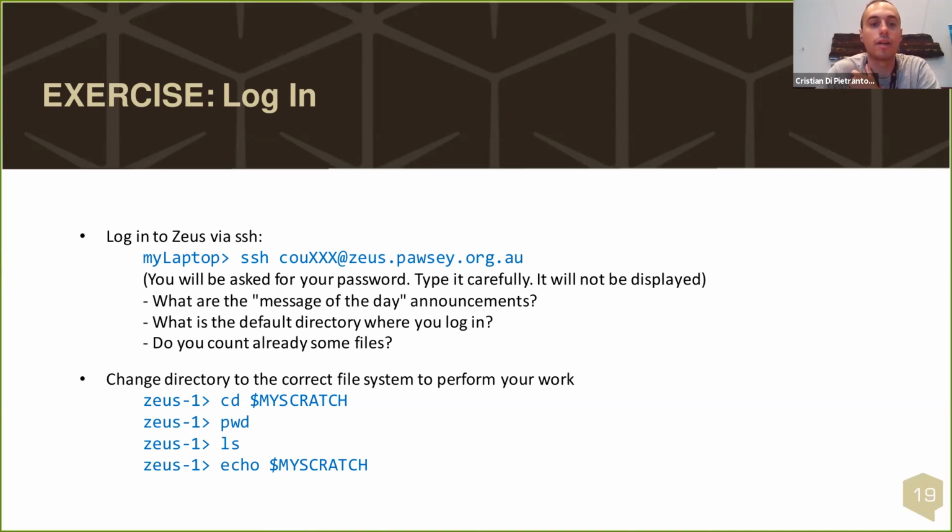But this is running on the login node. These commands are running on the login node, and they are to be used to prepare your workflow and to submit the jobs to the scheduler. I'll give you a couple of minutes to try this one. I can do it together with you.